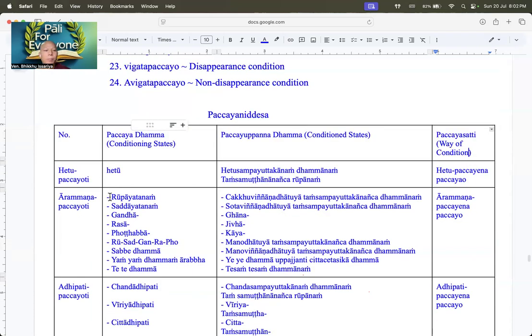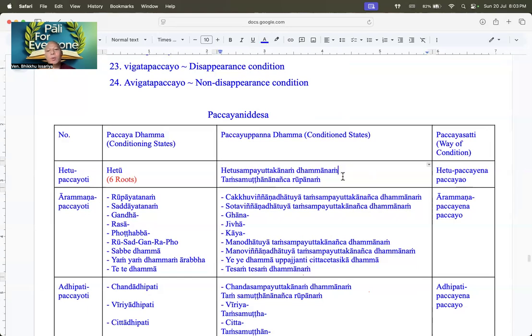So now this one is Pali. So hetu paccayo ti hetu. So hetu and the hetu sampayuttakanam dhammanam tam samutthananca rupanam hetu paccayena paccayo. Firstly, we can understand that one. So okay, now to see. So roots are actually six roots.